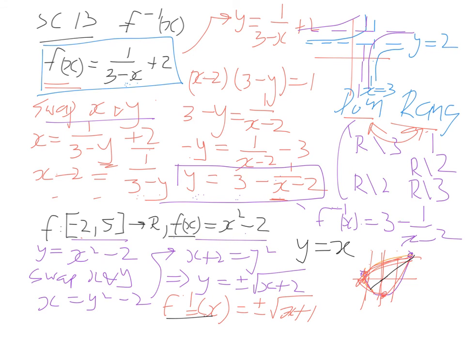So let's go through this again. We're finding an inverse. We state the function. We write it in the form of y equals, swap over x and y, and then solve for y. And then we state f to the negative 1 of x is that. The x and y values swap over, and what was the domain becomes the range, what was the range becomes the domain.